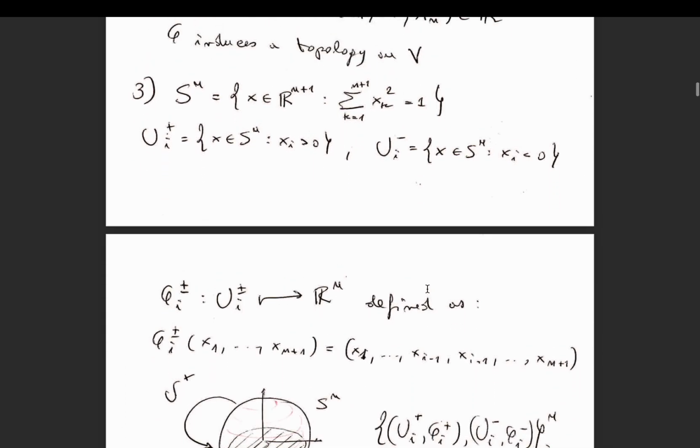Another example is the n-sphere. For example, the n-sphere is the set of points (x_1, ..., x_n) such that x_1^2 + ... + x_n^2 = 1. We can construct a covering U_i^±, where U_i^+ is the set of x belonging to S^n such that x_i is greater than 0, and U_i^- is the set of x belonging to S^n such that x_i is less than 0.